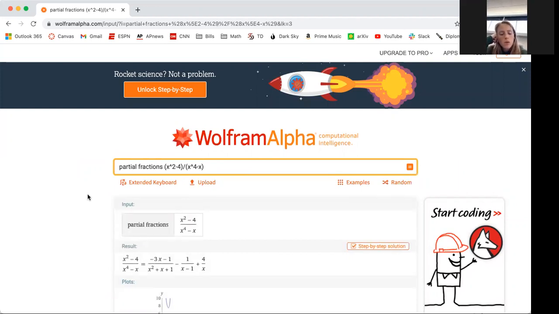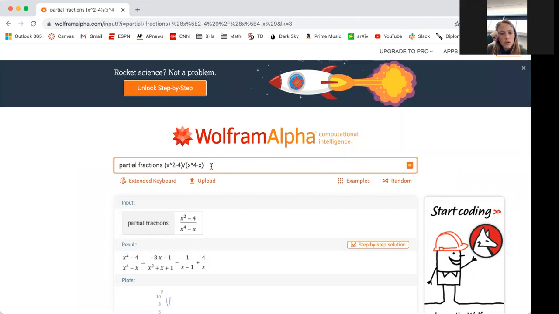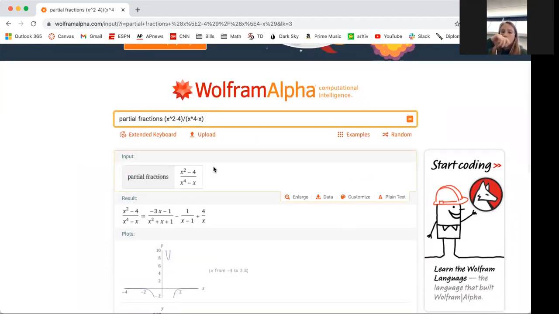And the first guess might be, let me just write in partial fractions and my rational function and see what happens. But if you're ever not sure, kind of a skill which is actually important is figuring out what software can do. And some of its own examples is a place to go, or Google Wolfram Alpha partial fractions, something like that.